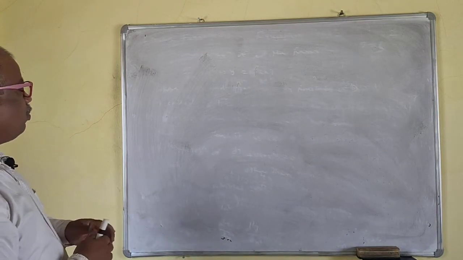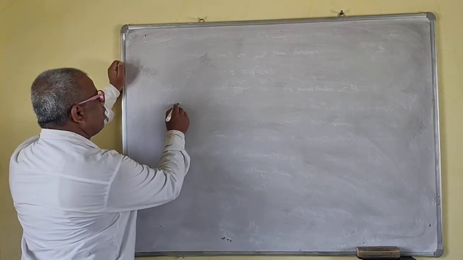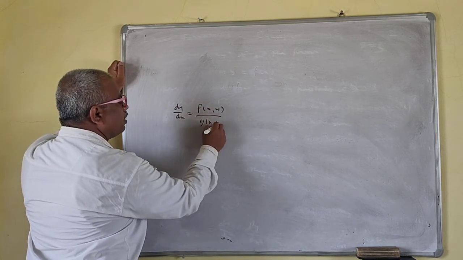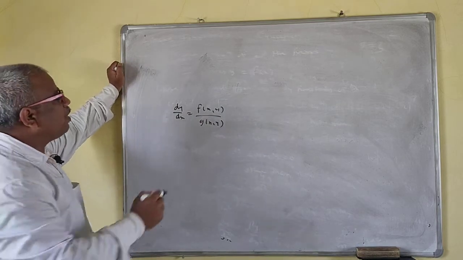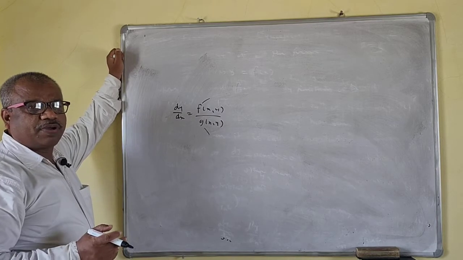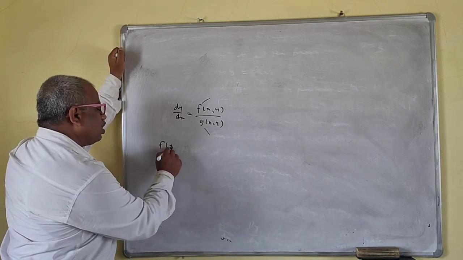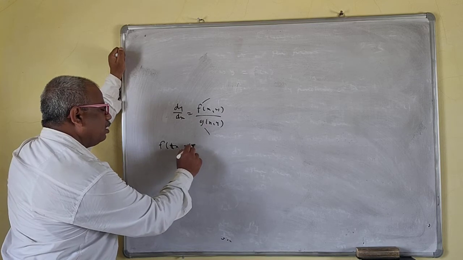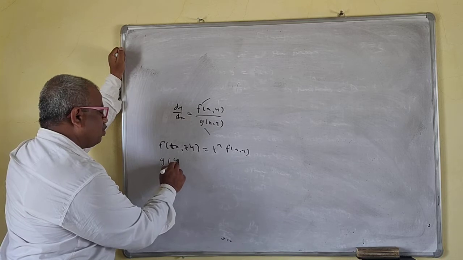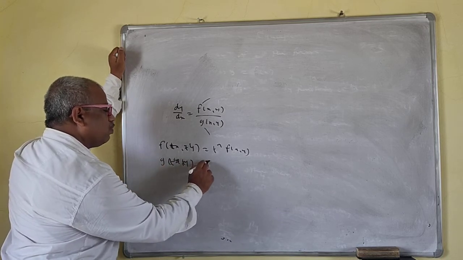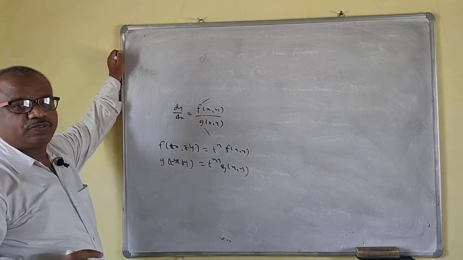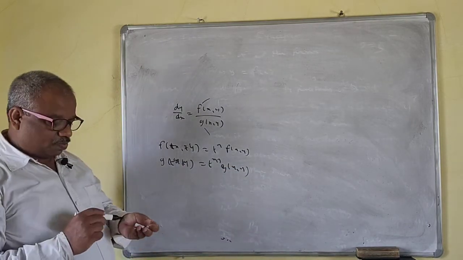One more thing: suppose dy/dx is equal to f of x, y upon g of x, y, such a type of function. If f is a homogeneous function and g is a homogeneous function, you know how to check whether a function is homogeneous. f is homogeneous means f of tx, ty is equal to t raised to n f of x, y. And g of tx, ty is equal to t raised to m g of x, y. It is not necessary that they are of the same order.